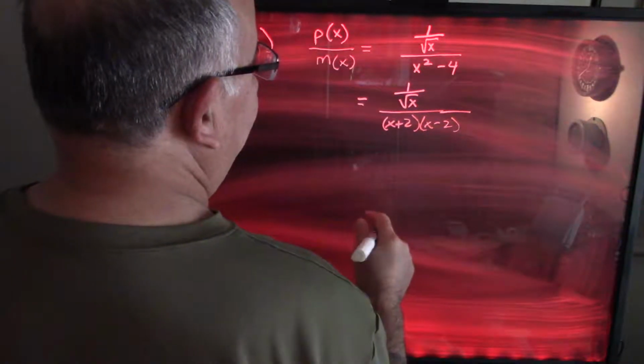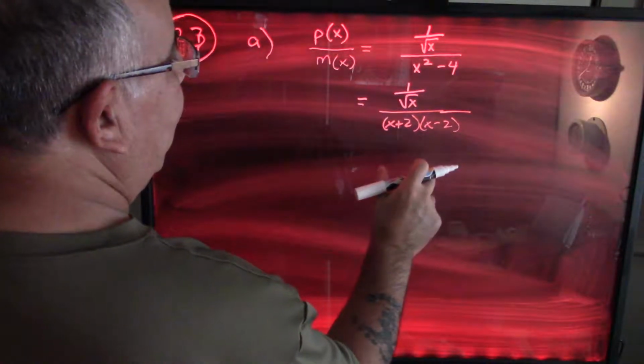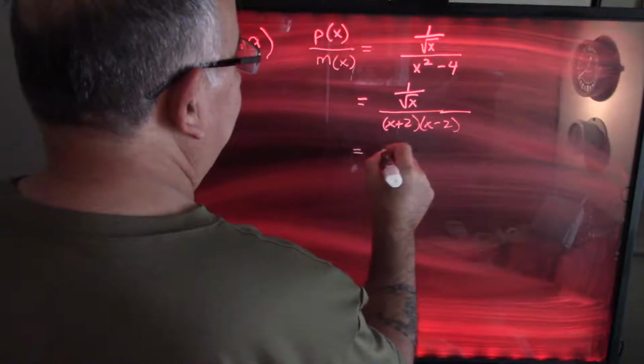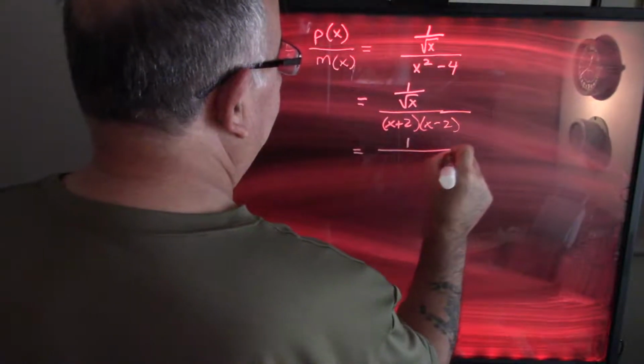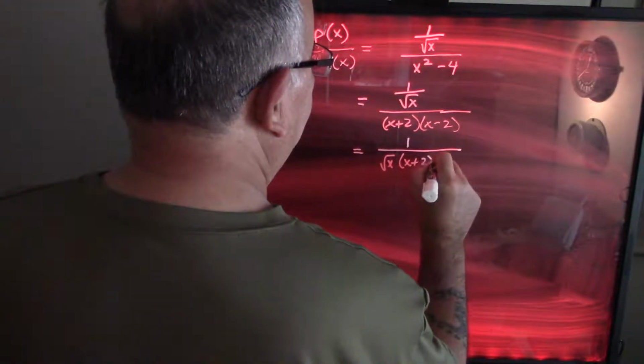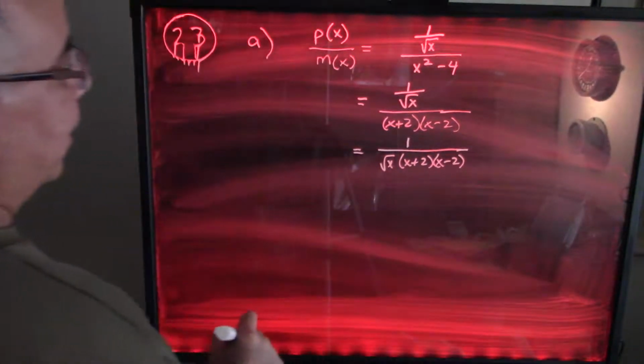Alright, now you could write it like this. Think of putting all this over 1 and then flipping it over and multiplying by the top. And you'd end up with this: 1 over square root of x and then x plus 2 times x minus 2. You could do that too. That's not going to change the domain in this case.